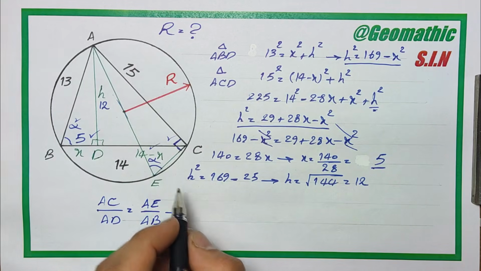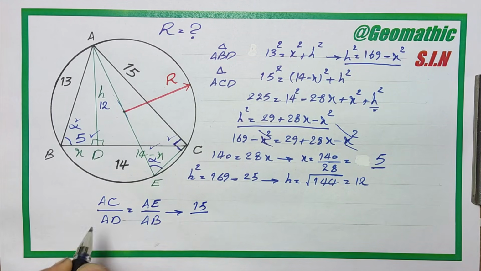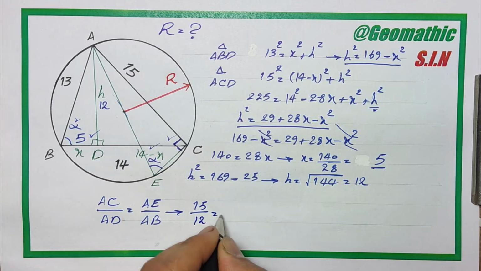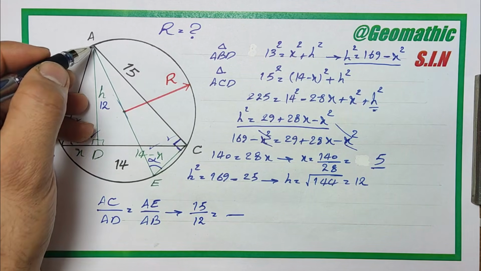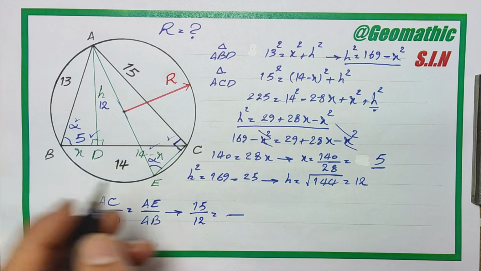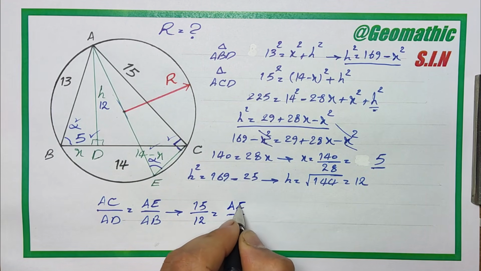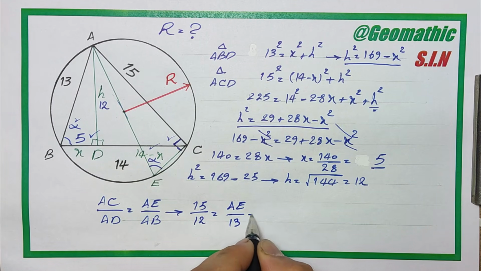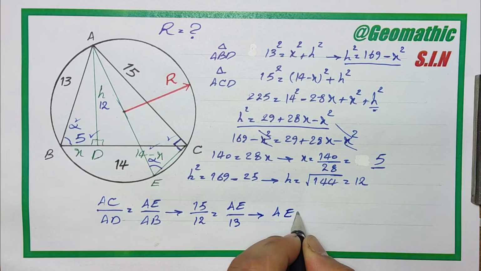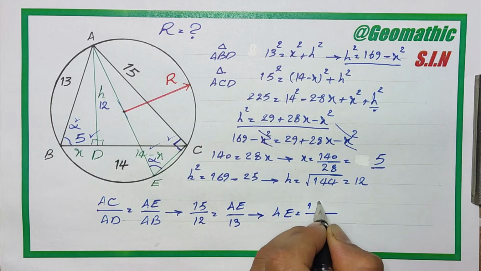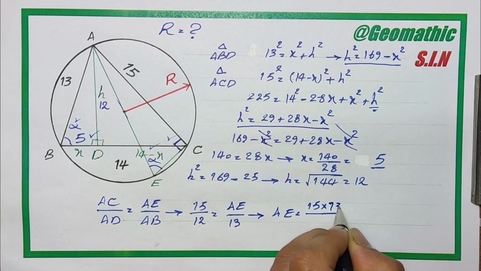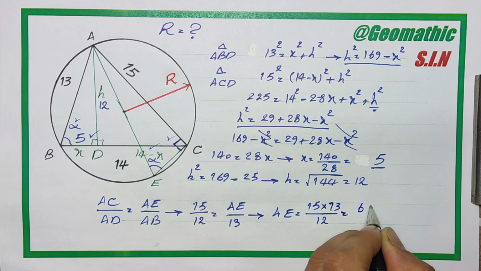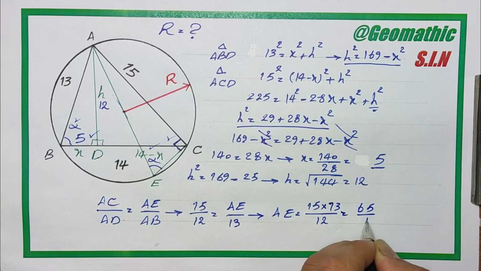Then we have AC, which is 15, over AD, which is 12, equals AE, which is the diameter of the circle and we should find it, over AB, which is 13. Then AE equals 15 times 13 over 12, which is equal to 65 over 4.